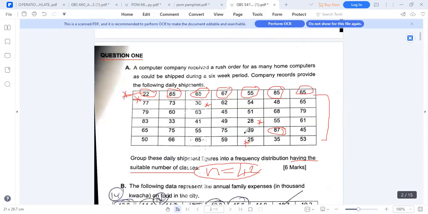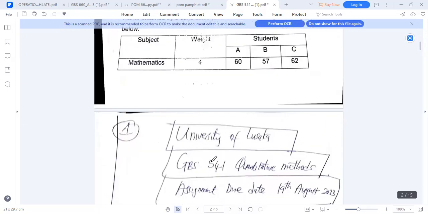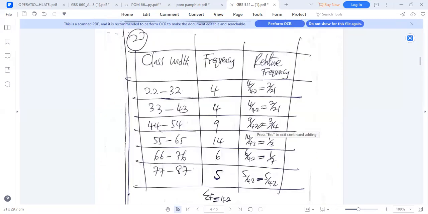All right, so using the intervals. And then the sum of these came to 42. The relative frequency is just this number divided by the total, this number divided by the total, this number divided by the total. Okay, so this is what we have concerning this presentation.